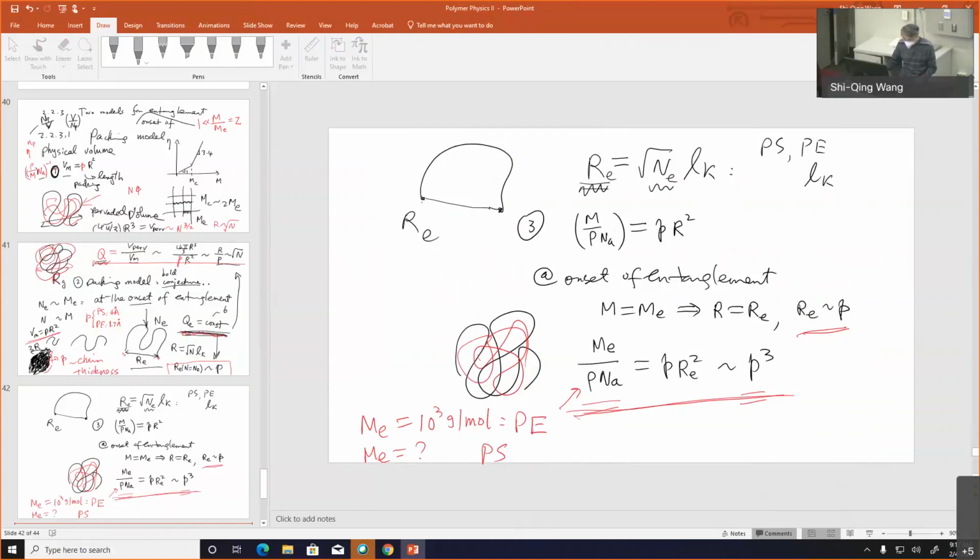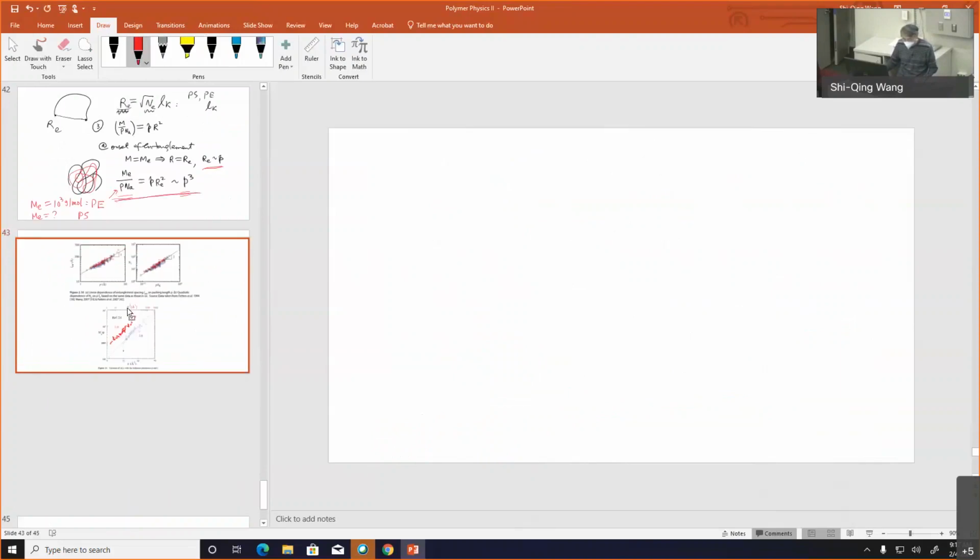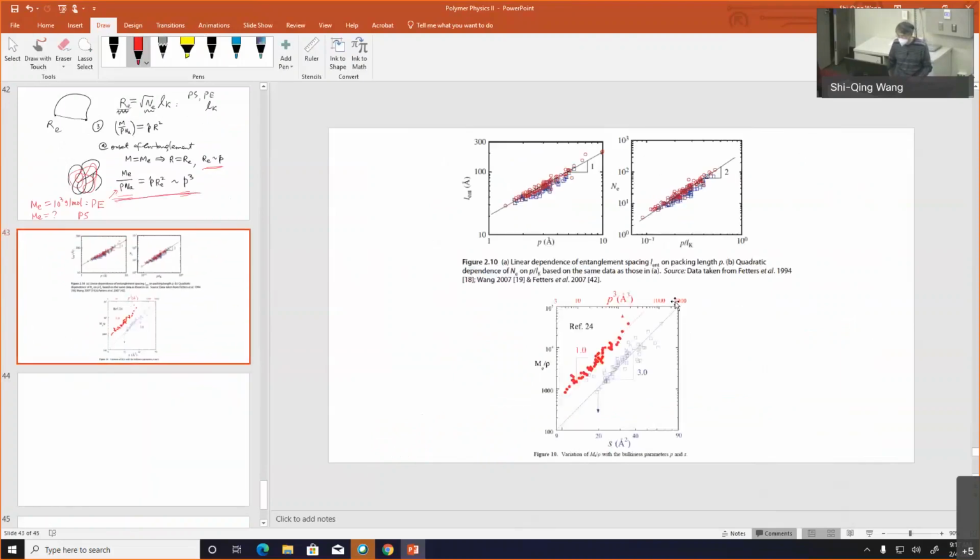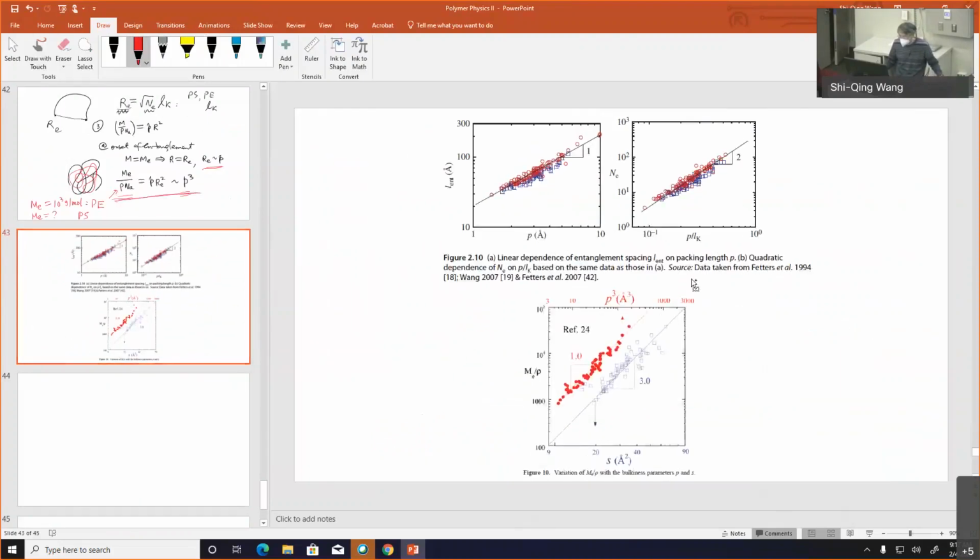So let's explore a little more. In fact, let me first convince you that it's indeed true. I will upload these first two figures from the book. The last figure was from a paper. I need to upload that paper to Brightspace.